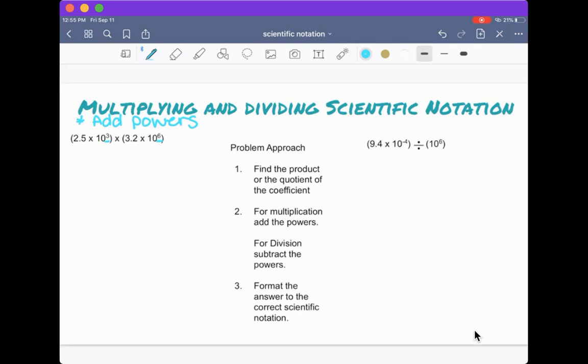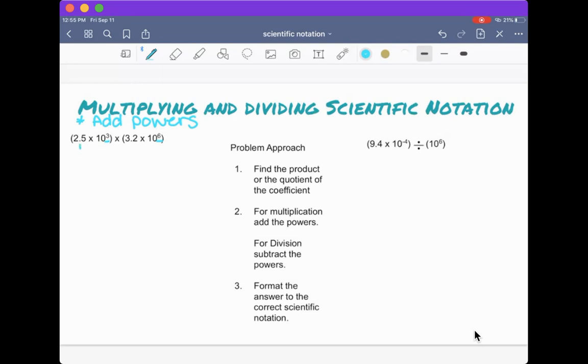Now remember the way you would add or subtract with negative numbers. Here we're dealing with 2 large numbers, and I know they're large because my powers are positive.